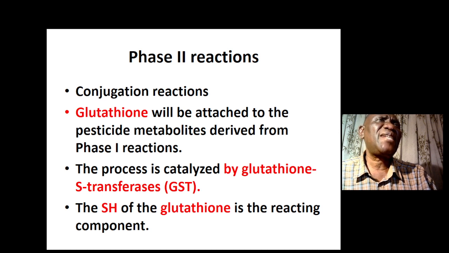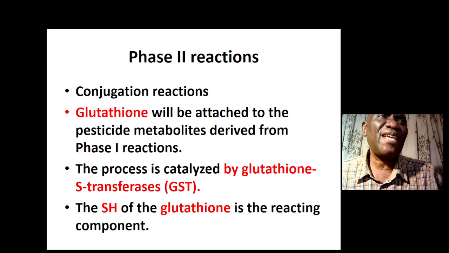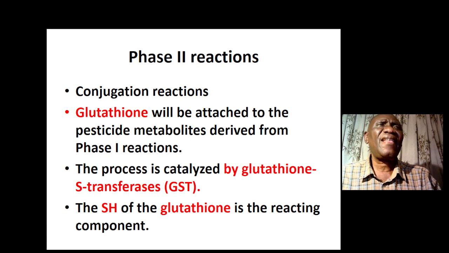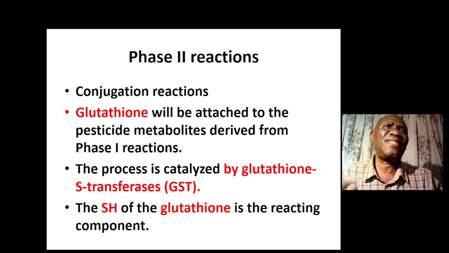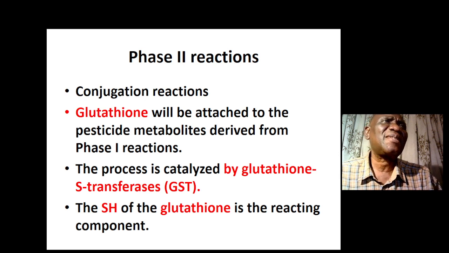It's going to utilize products from phase 1, and it is going to be facilitated by glutathione S transferases. Or we can just call it GST. Even if you just in an exam you call it GST, we know what you are talking about.